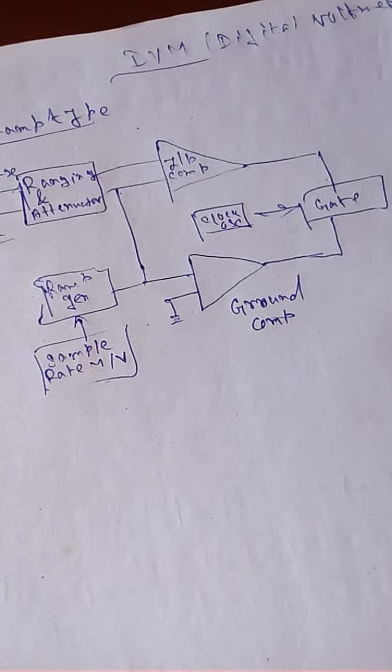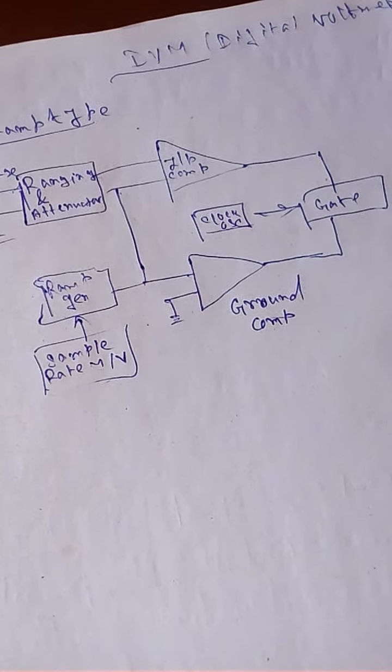The operating principle is to measure the time a linear ramp voltage takes to reach the input voltage, and then to reach the ground voltage. At the start, a ramp voltage is initiated. We can take a positive going ramp or a negative going ramp.